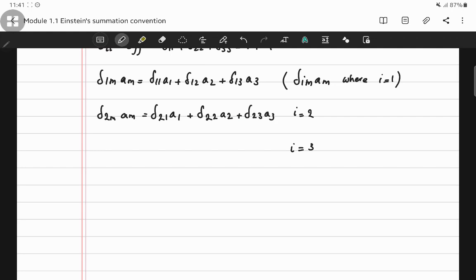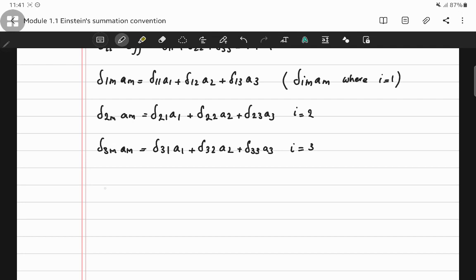I just write this for the sake of completeness because I want to show you something. And 3m am is delta 3 1 a1, delta 3 2 a2 plus delta 3 3 a3. And as you see here, you see a pattern.